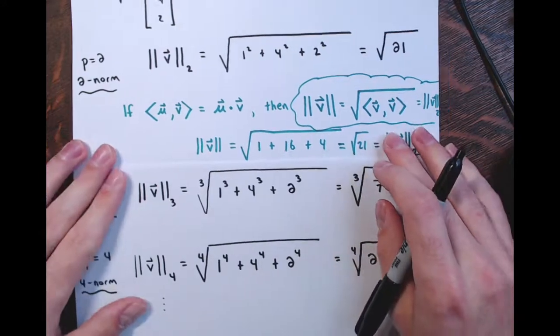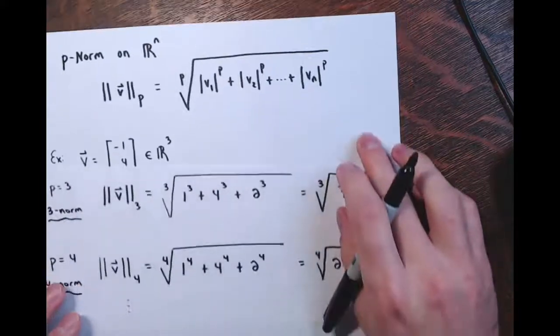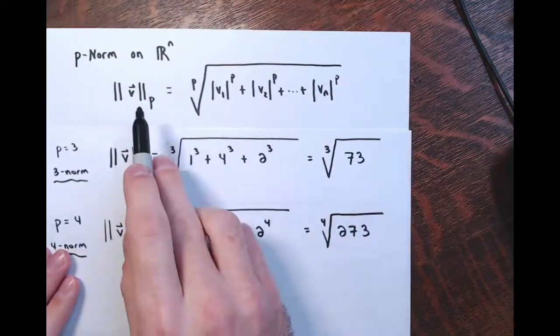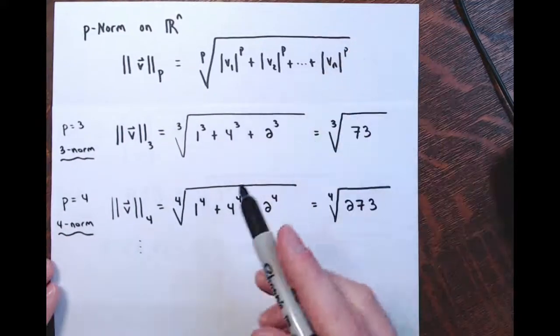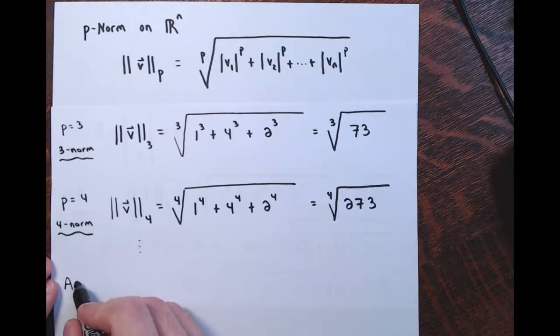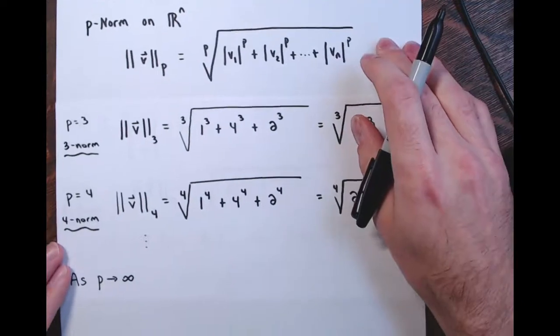Again, this can continue on forever. So let's think about what happens. Here's the formula again for the p norm. What happens as p approaches infinity? You just let the value of p get larger and larger.